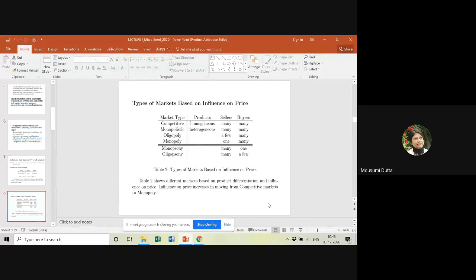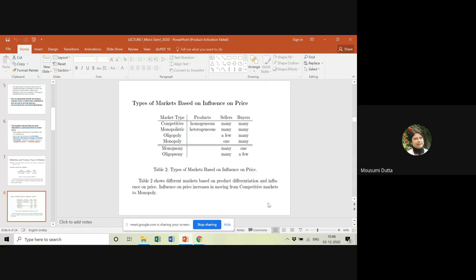So we call it asymmetric information. Information is incomplete for one group. In perfect competition, we are not considering that. Both buyers and sellers have complete information about the product. They understand the product very well, and that is common to all.